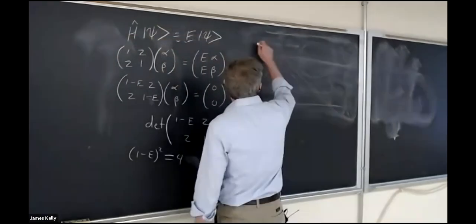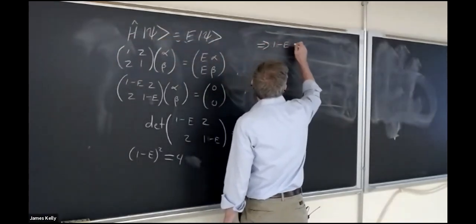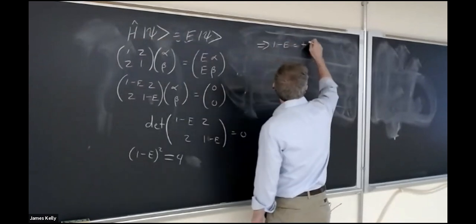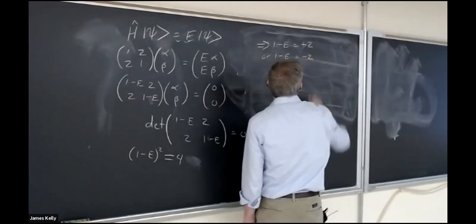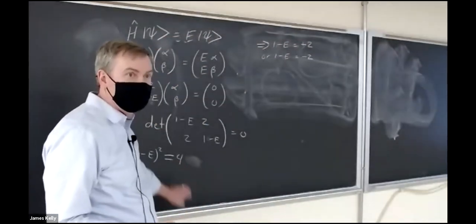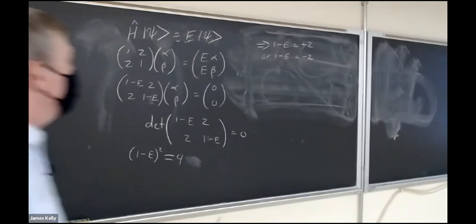So that means that 1 minus E is equal to plus 2, or 1 minus E equals minus 2. 1 minus E equals plus or minus the square root of 4. That's all I did there, right? And that gives me 2 values of E. Those are my energy eigenvalues.